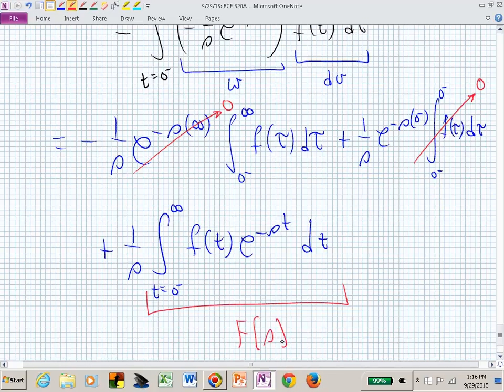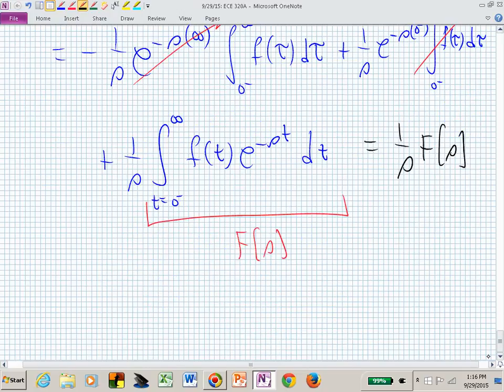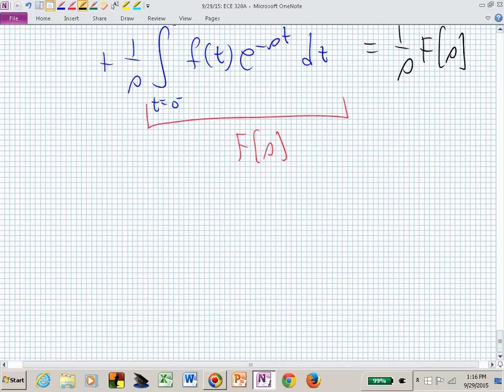I hope that looks like the definition of F of s, so that we've now derived the formula for the integral. And that just says that if you know the Laplace transform of f of t is capital F of s, the Laplace transform of the integral of f of t is just going to be capital F of s divided by s. That's what this whole discussion right now was trying to convince us of.